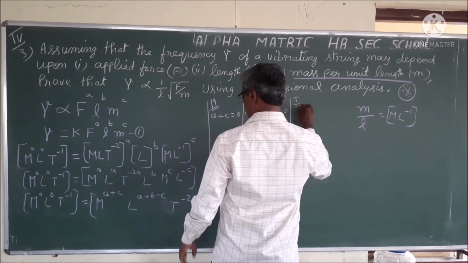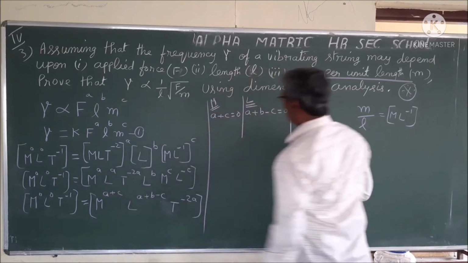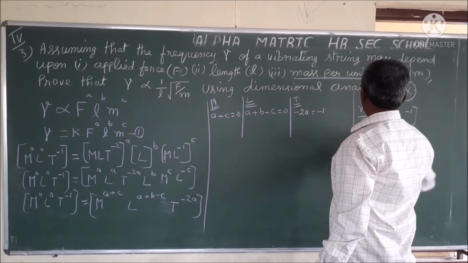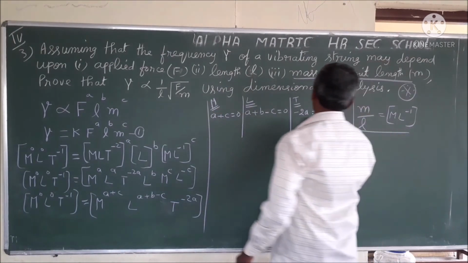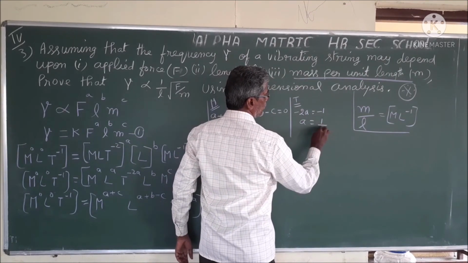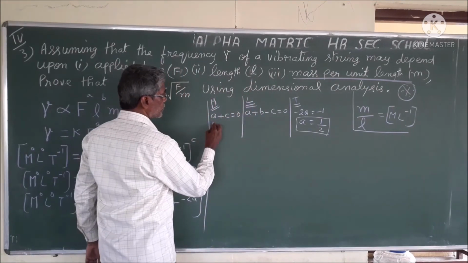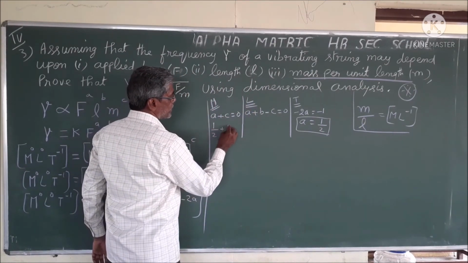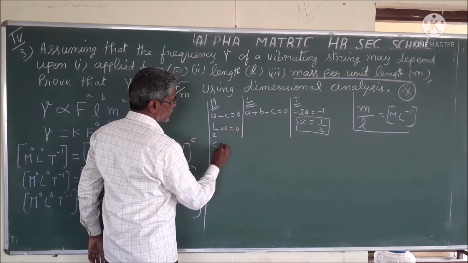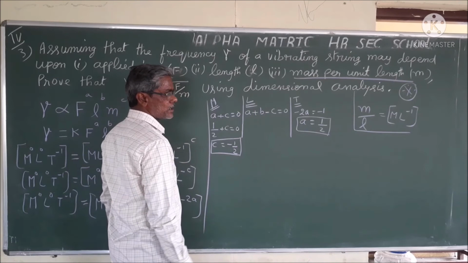Then you take T: minus 2a is equal to minus 1. So a is equal to, this minus minus will be cancelled, 1 by 2. a is equal to 1 by 2. Substitute here, a plus c equal to 0, so therefore c is equal to minus 1 by 2.